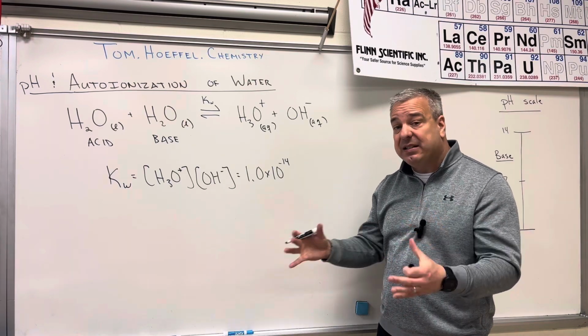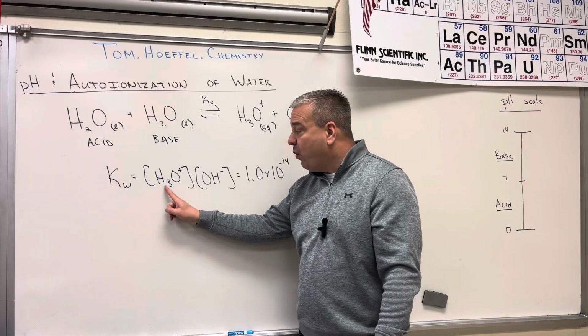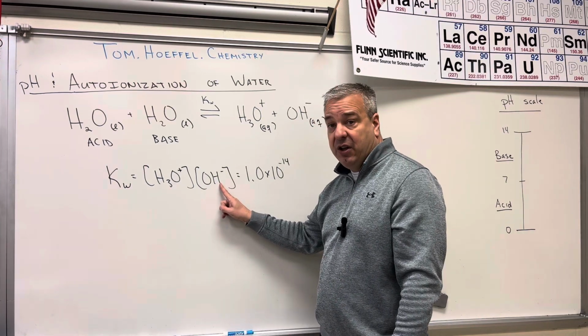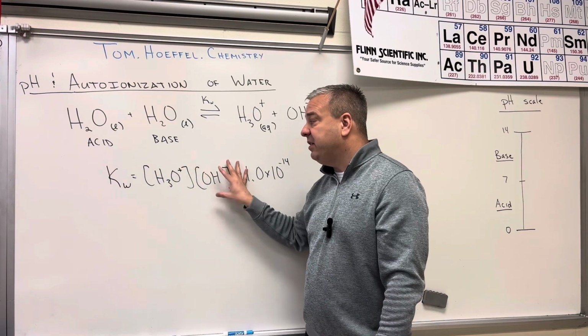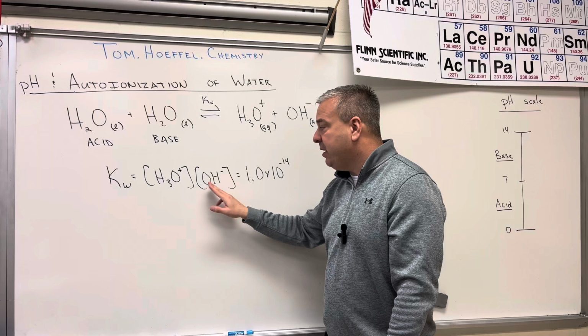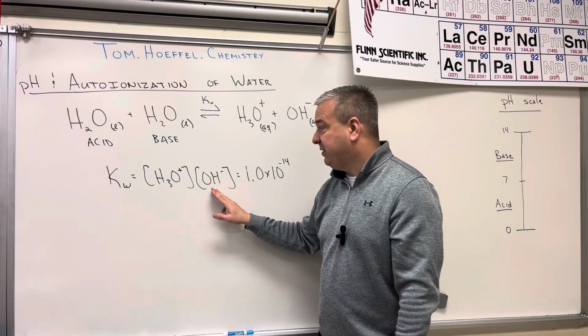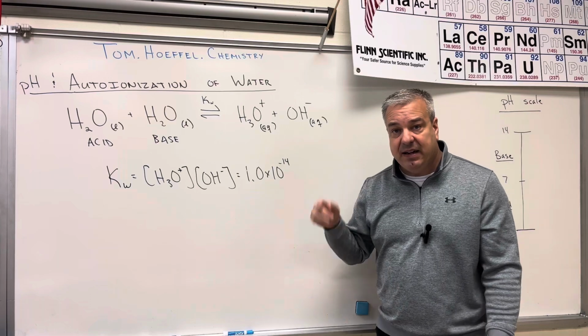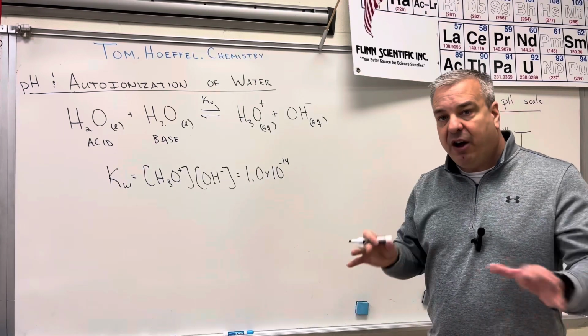Now, what this does for us is that if you know the concentration of one of them, you know the concentration of the other one, because of the inverse relationship between hydronium and hydroxide ions. Whenever you have two things that equal a constant, as one goes up, the other goes down.